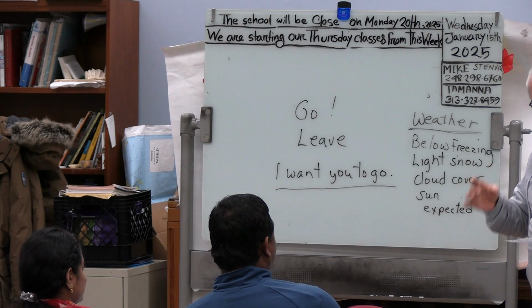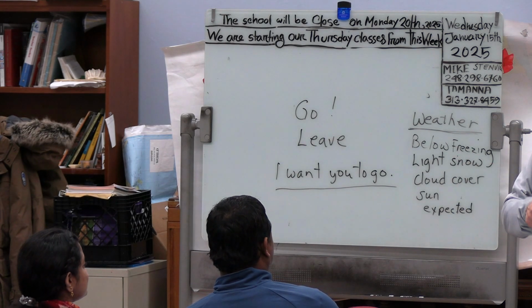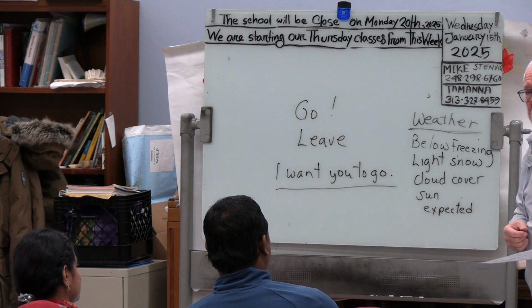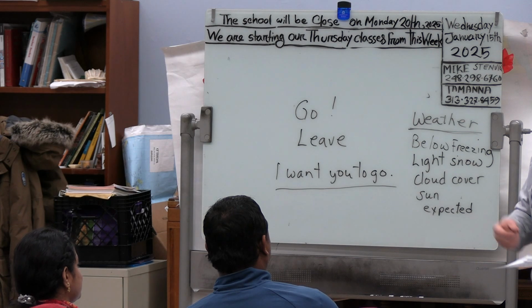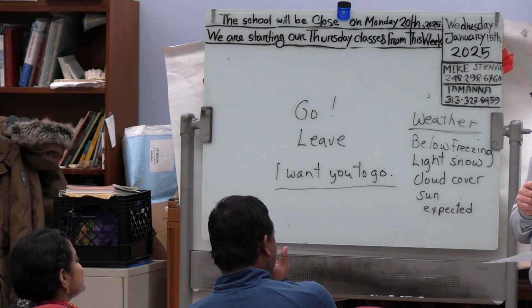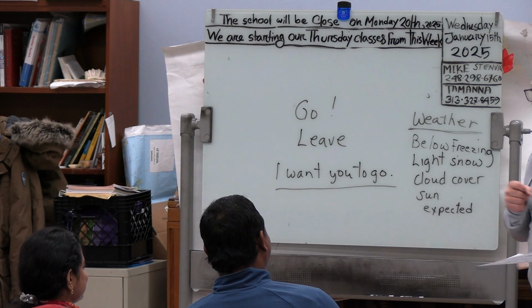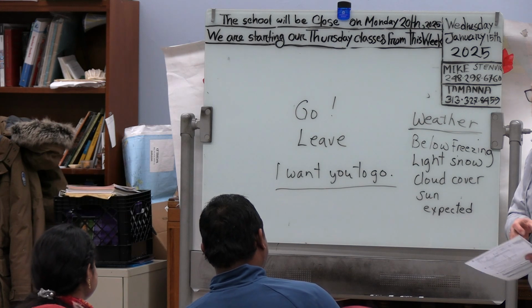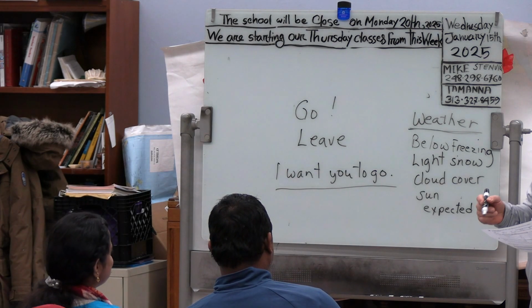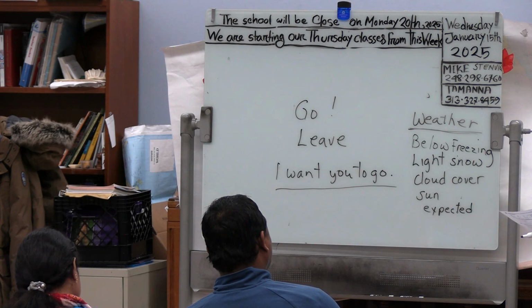Tablespoon is the big one. 3 teaspoons make 1 tablespoon. If you go for coffee and say, I would like 3 spoons of sugar, they're going to give you 3 teaspoons. If you say, I would like 3 tablespoons of sugar, you have candy. That's very sweet. We haven't gotten into measuring yet, but we'll practice that.